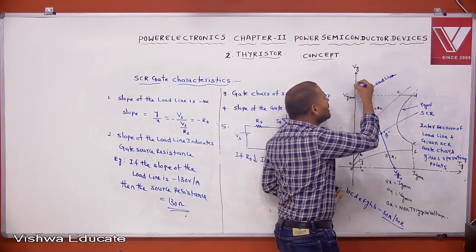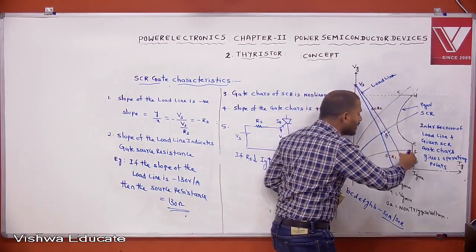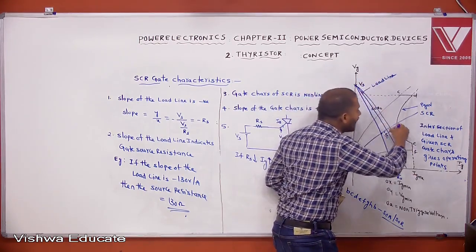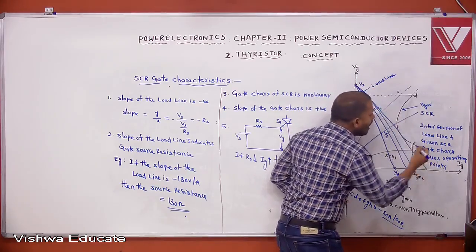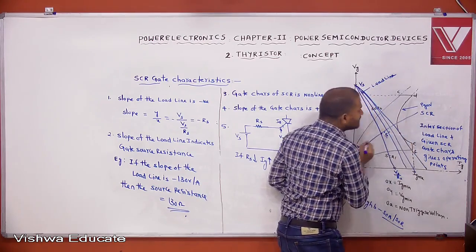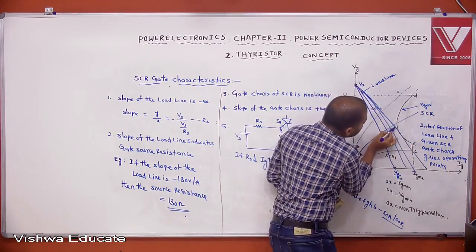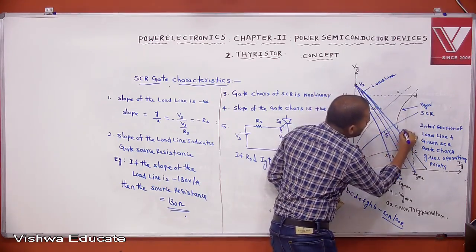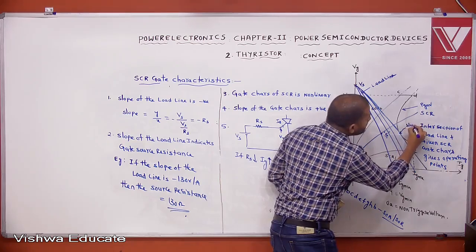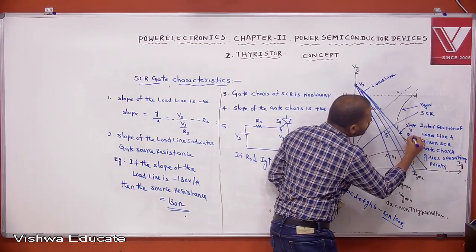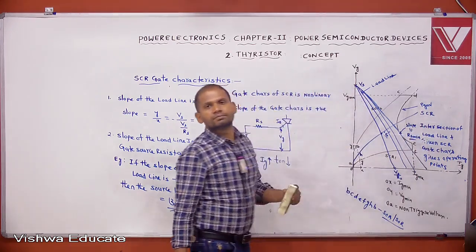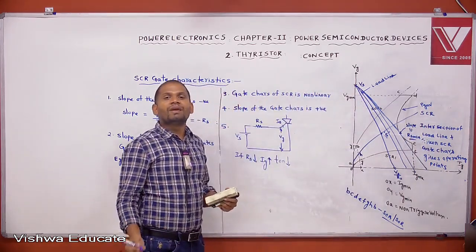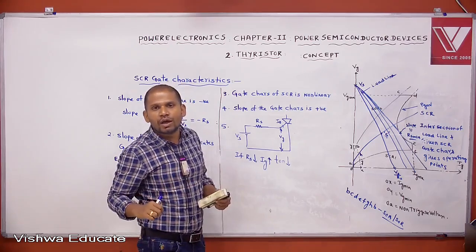For different values of source resistance, the characteristics will be shifted like this. At a particular value of RS, this load line is tangent to the PG(av) curve. Then the slope of this tangent gives which value? RS minimum. Beyond this, we cannot reduce the RS value.